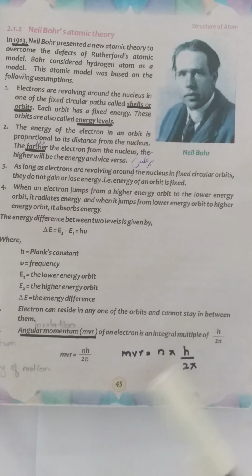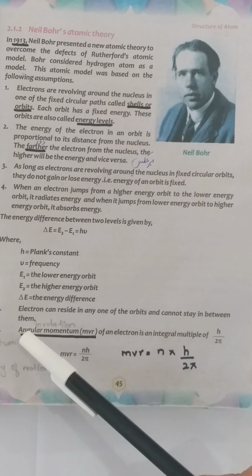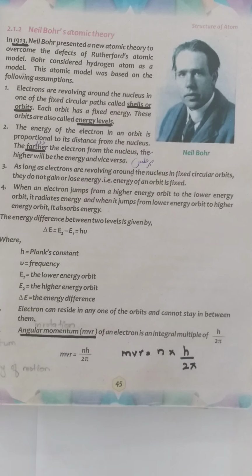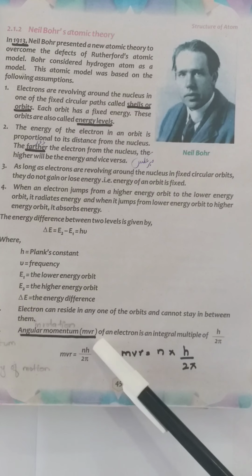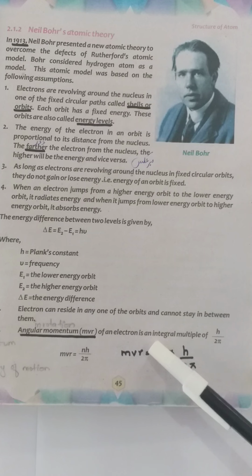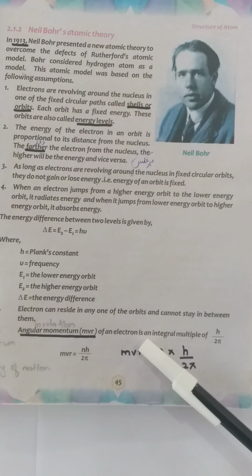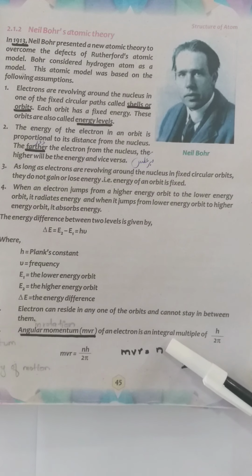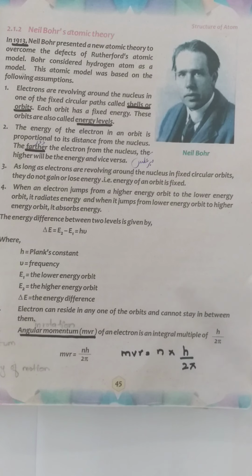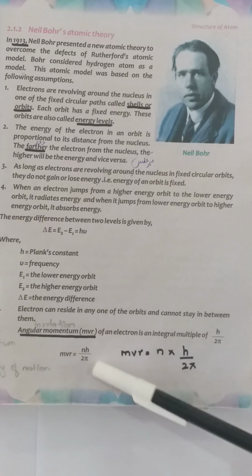So here we are saying that angular momentum, angular for the rotation, you have already seen the definition. MVR of an electron is an integral multiple of h divided by 2 pi. Integral, you already know what integers are. Integers are numbers, that is 1, 2, 3, 4, 5 and so on. So that is represented by n. If you see here, I've written it in the more simple form.